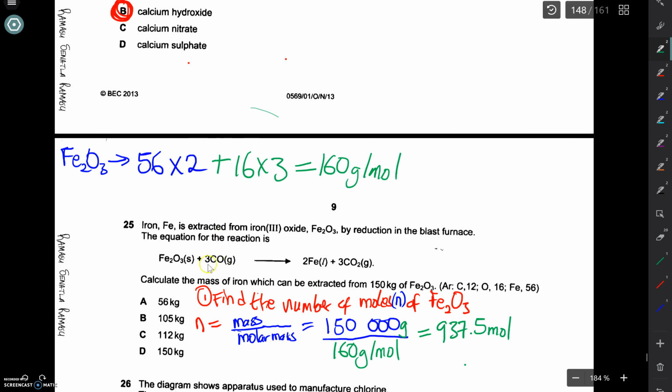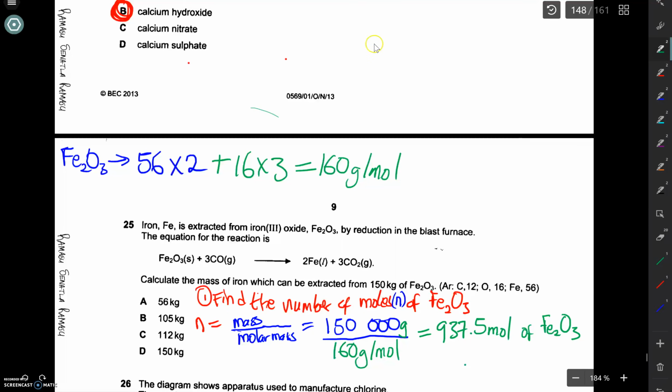Now if we go back to our equation, they tell us that 1 mole of iron 3 oxide reacts to give 2 moles of iron. But we have 937.5 moles of iron 3 oxide, right?